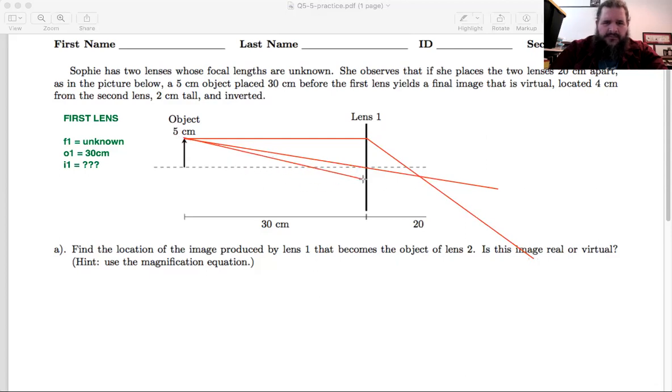But maybe we do some ray tracing and we come up with something like this. Close enough. Let's say we do the ray tracing and we come up with an image like this. So there's our image. So if that's the image from the first lens, that would be distance I1.